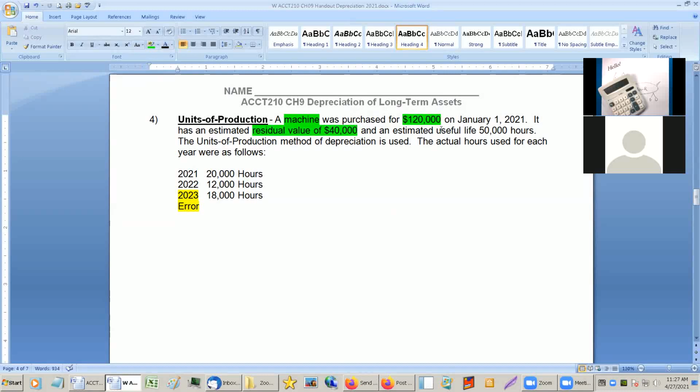And this machine has a life of 50,000 hours. So instead of miles, we're going to use hours.